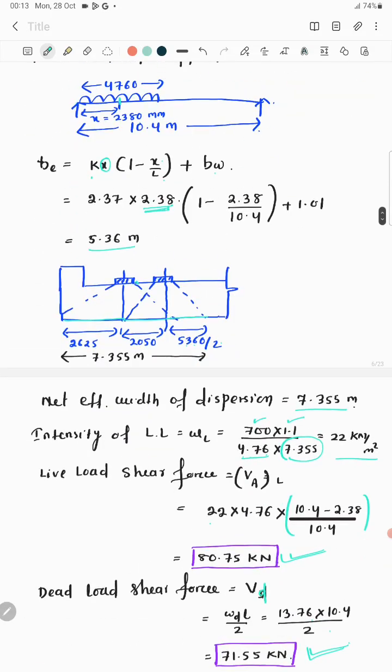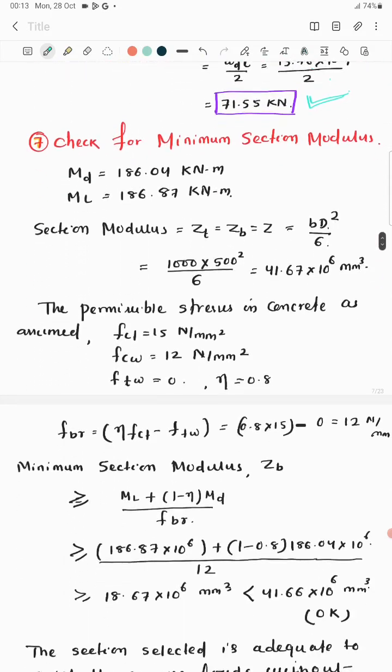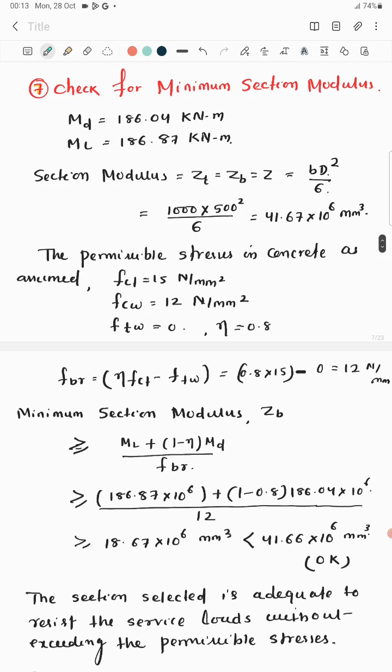So the next step is we will check the section for minimum section modulus. These are the moment values. The dead load moment is 186.04 kilonewton meter. Live load moment is 186.87 kilonewton meter.